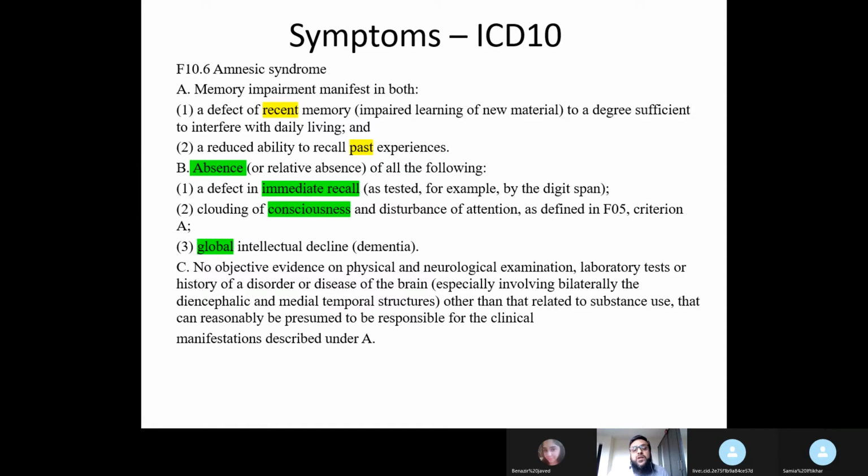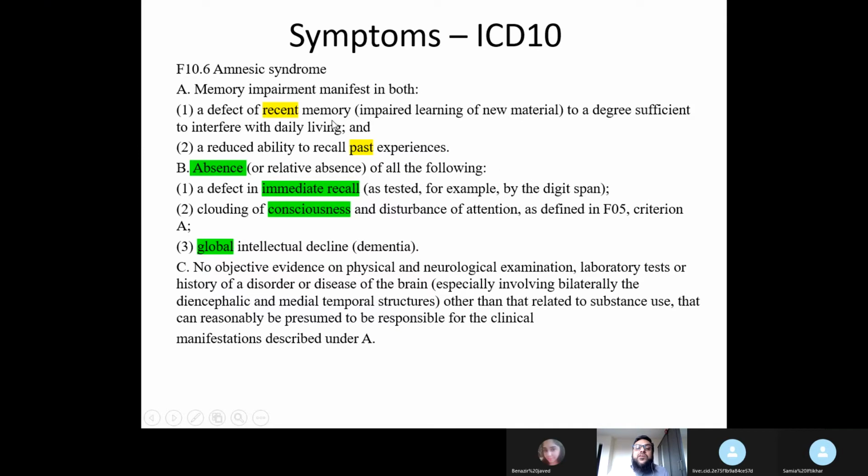And number three, there is no global intellectual decline. There is no dementia.